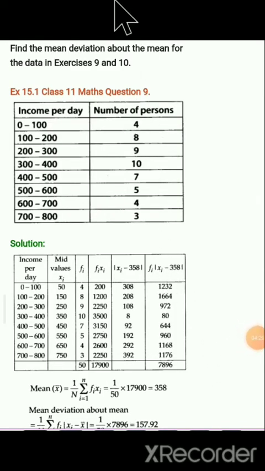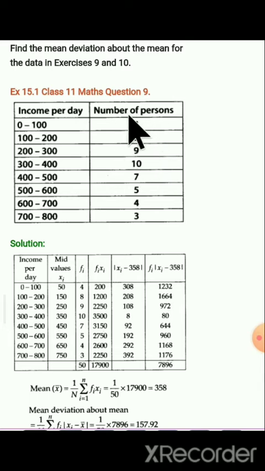Next question, find the mean deviation about the mean for the following data. Here they have given a continuous frequency distribution for question number 9 and 10. They have given income per day and number of persons, which is nothing but frequencies.